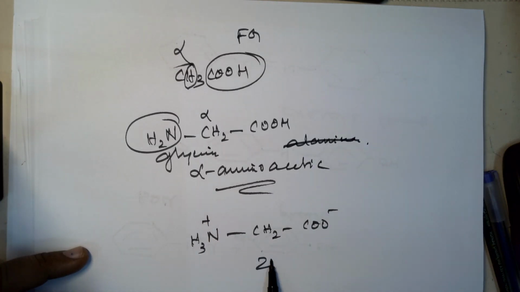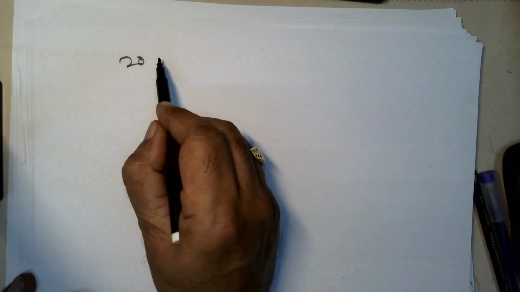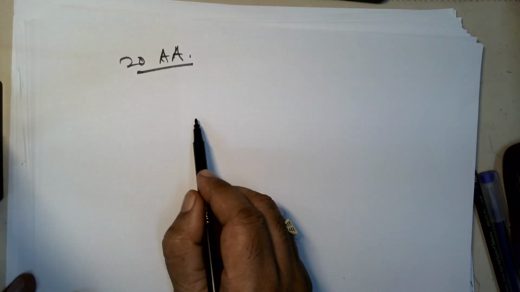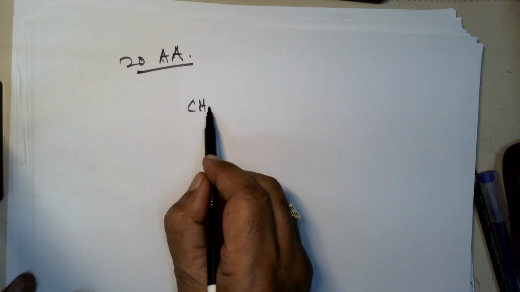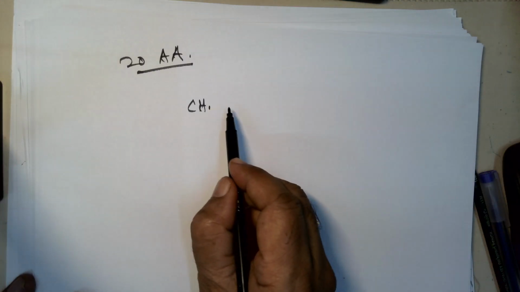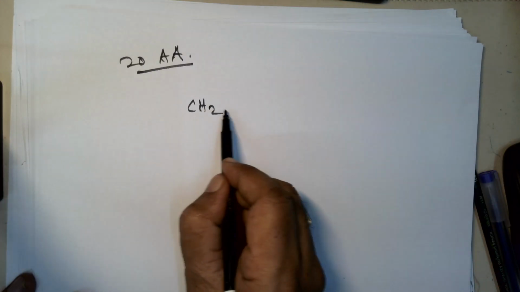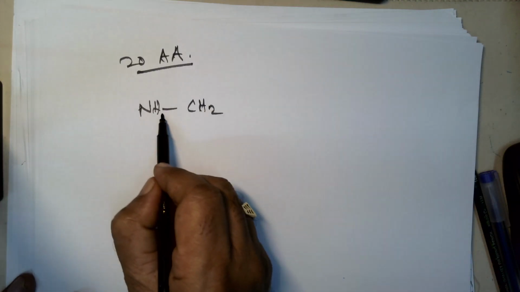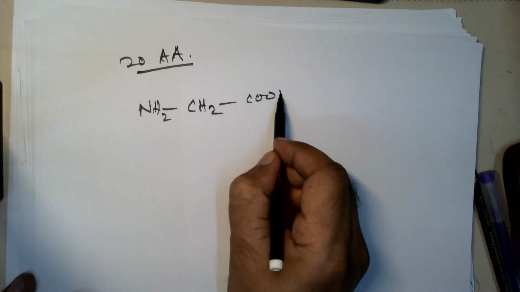So you get the same zwitterion here also. And there is one more. Likewise, we have around 20 amino acids. So here we have CH2 instead of CH. This we know, NH2CH2COOH.